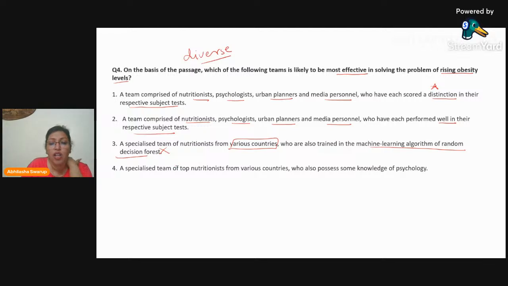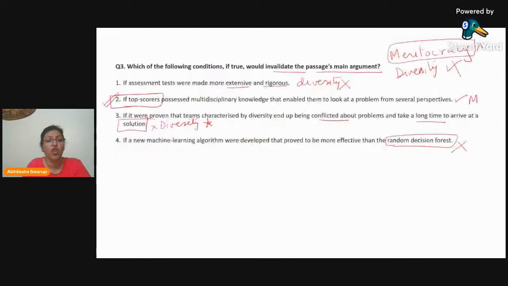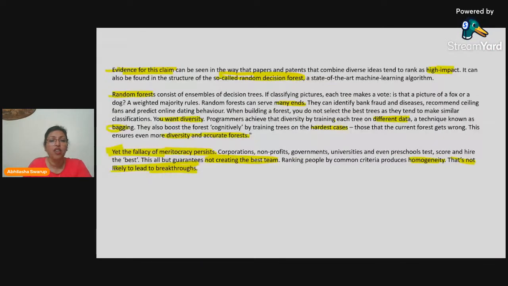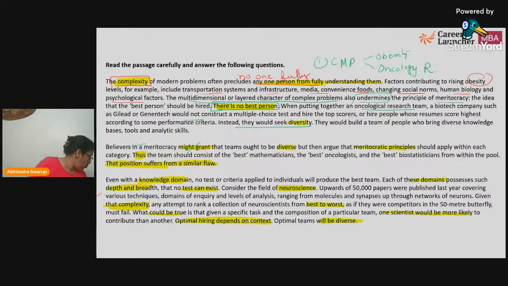Eliminate 3. Look at 4 also. We are eliminating this also. Just some knowledge of psychology. No, there are many things that are required in obesity, right? So therefore, if you go back to the passage here just for a moment, see, the first paragraph we had spoken about the problem of meritocracy. And we had said, the problem of rising obesity.